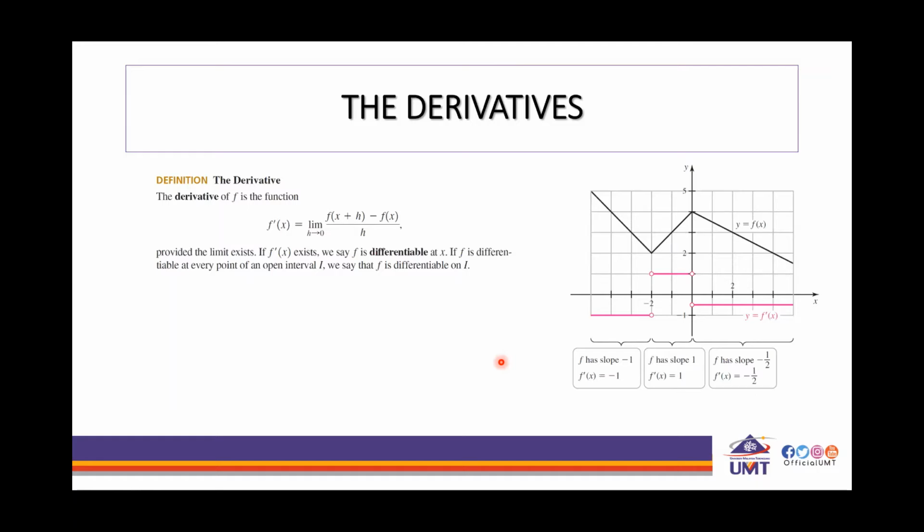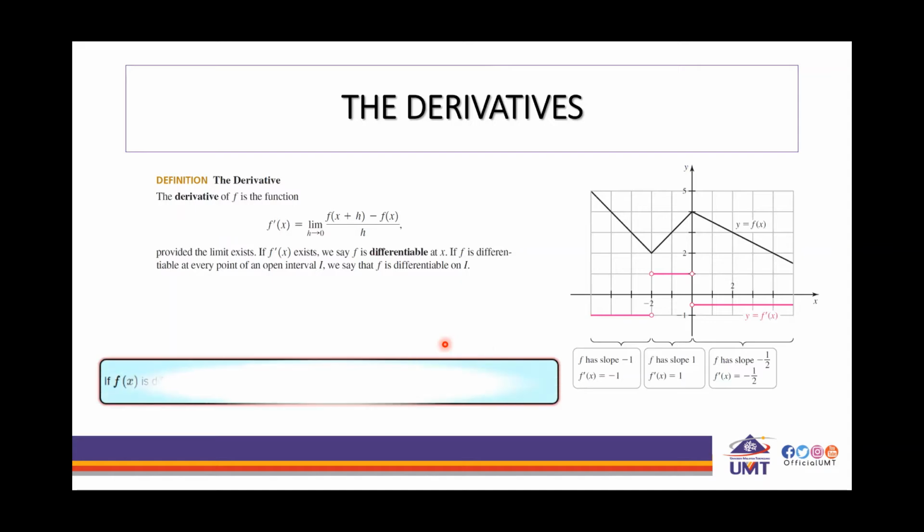Okay, sebab bila kita differentiate, dia akan equals to 0. Okay, so dia mesti continuous in order for the function to kita boleh differentiate dia. In order for the function to be a differentiable function, so we need to have a continuous point.